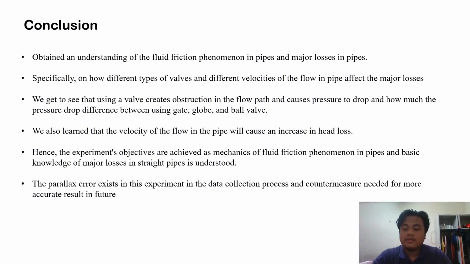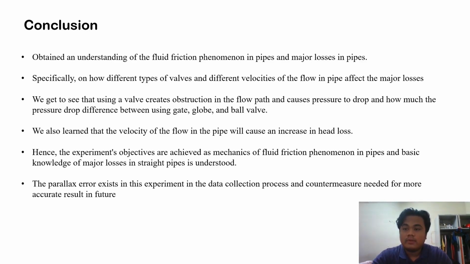For the conclusion of the experiment, we obtained an understanding of the fluid friction phenomenon in pipes and the major losses in pipes, specifically how different types of valves and different flow velocities in the pipe affect the major losses.